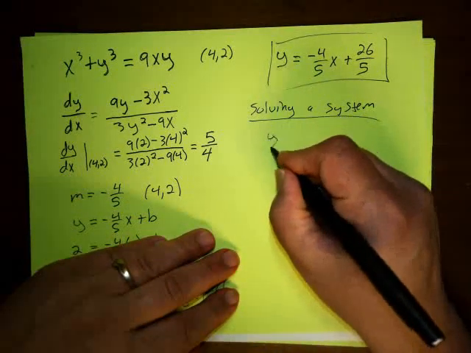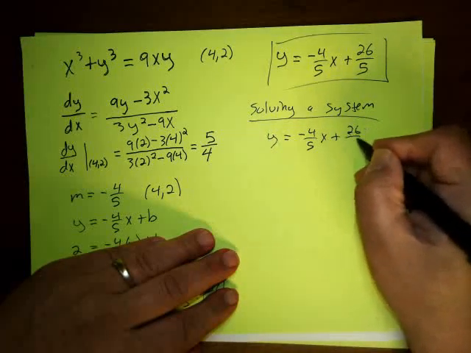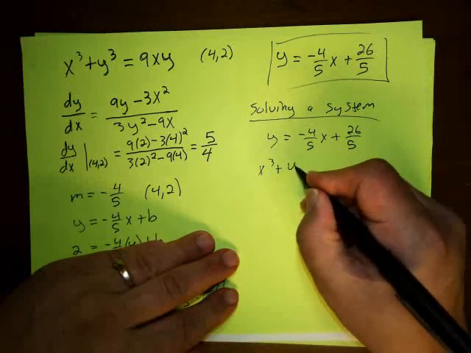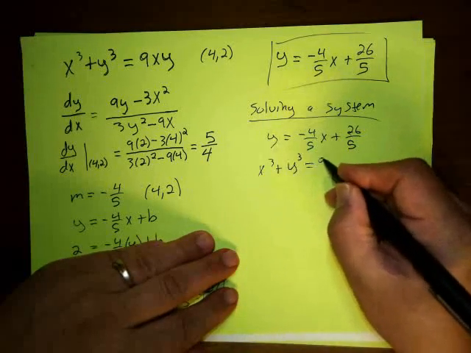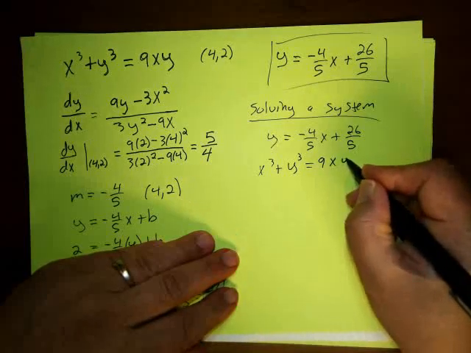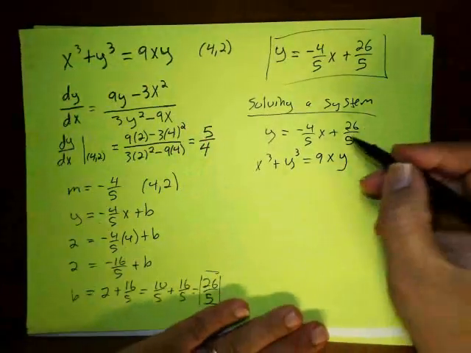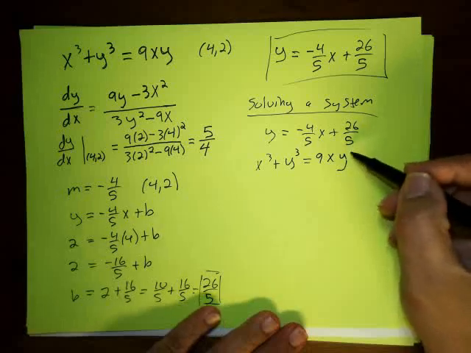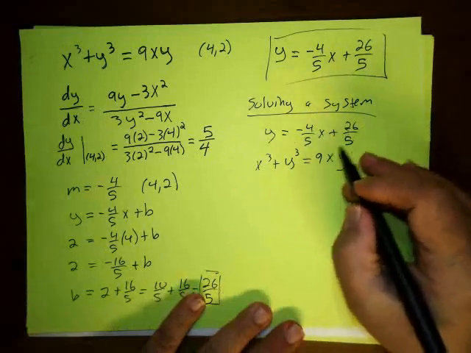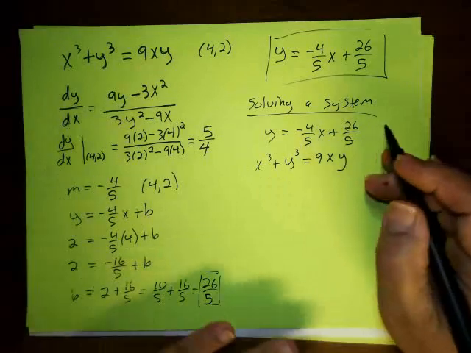So one is y equals negative 4/5 x plus 26/5, and the other one is x cubed plus y cubed is equal to 9xy. Okay, so I want an ordered pair that's going to satisfy both of these at the same time. That's where they intersect.